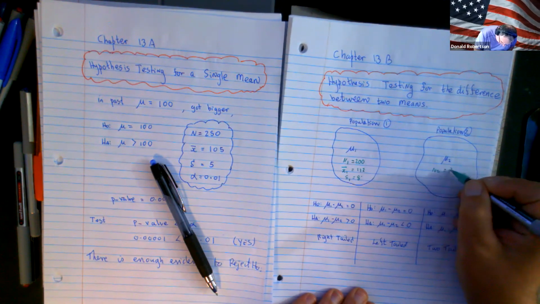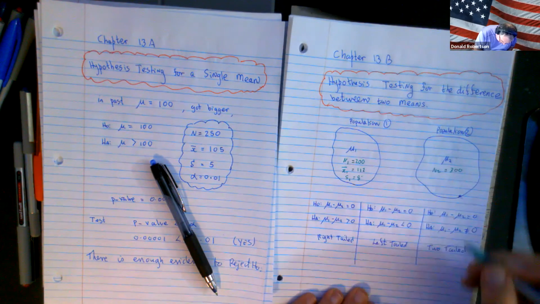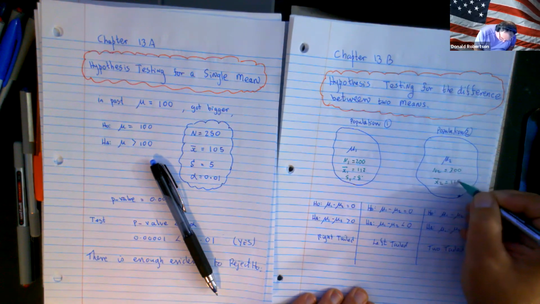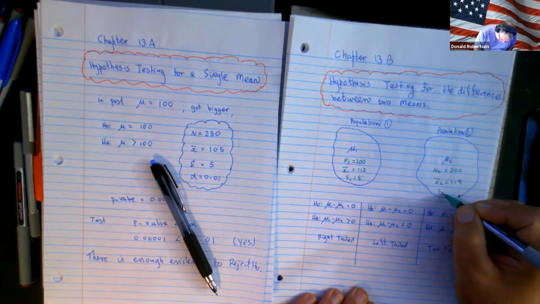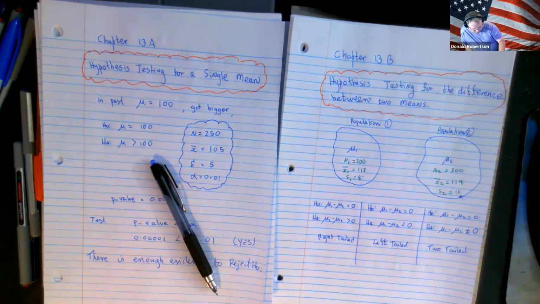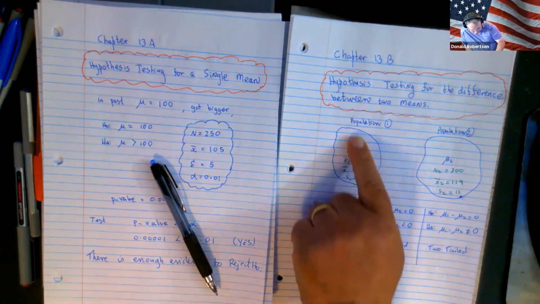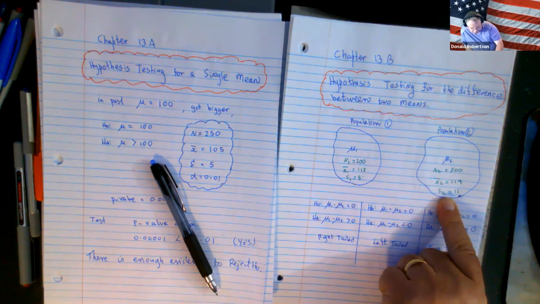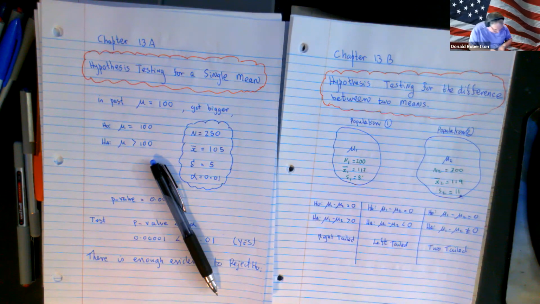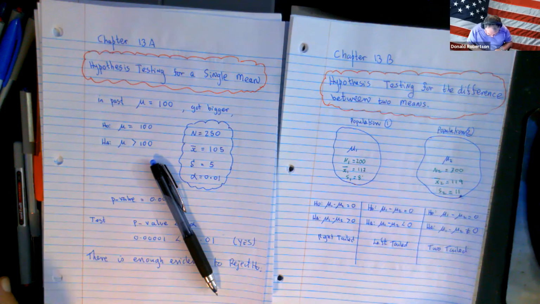And let's say that sample size was 300 and that the mean here was 119 and that the standard deviation was 11. Do you notice that the subscript 1 associates the means and so on with population 1 and the subscript 2 associates it with population 2? That's pretty standard.